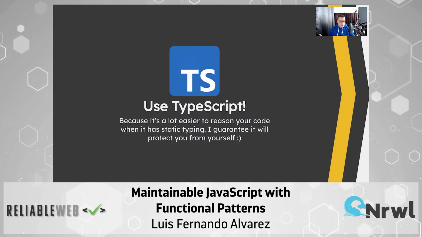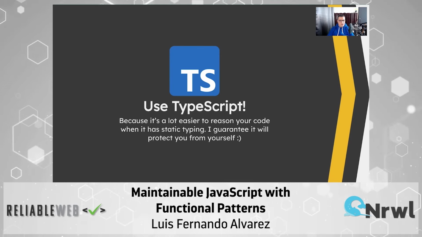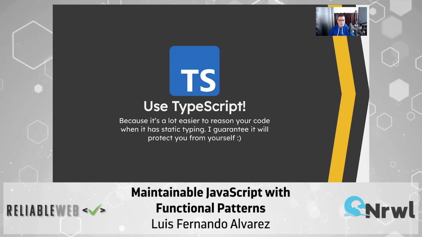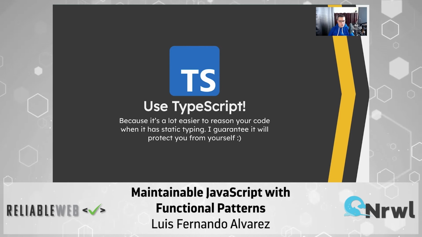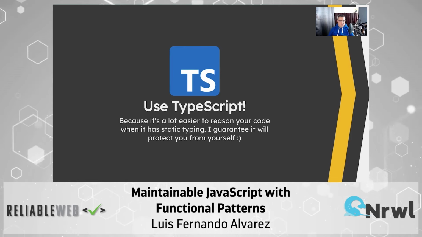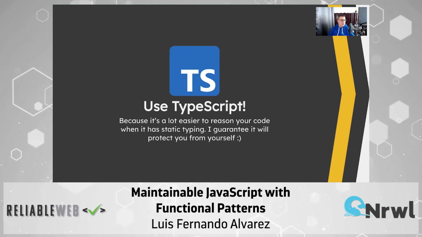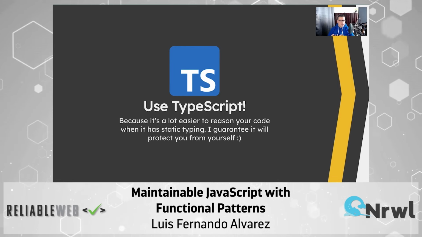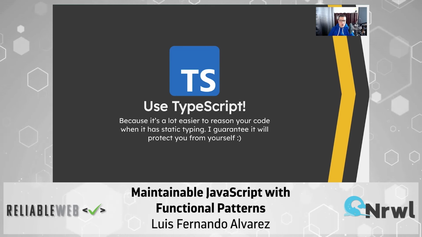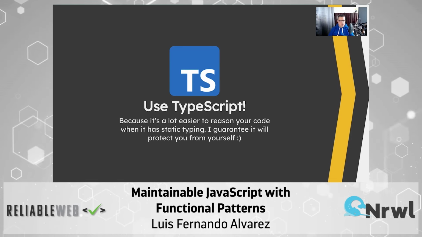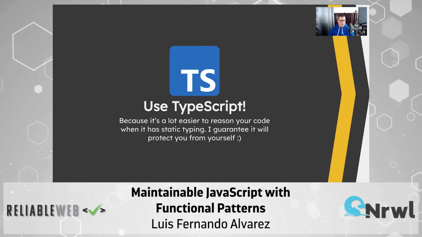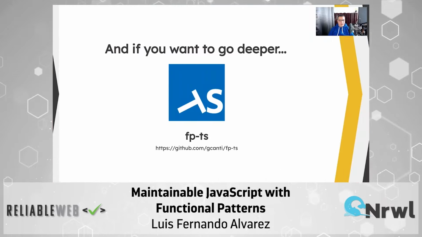A thing that I would recommend to any JavaScript developer is to not stay in JavaScript. Let's use TypeScript. TypeScript helps you reason about your code a lot better with static typing, and it protects you from yourself. You can have the same type safety inside map structures or inside reduces, so you know exactly what you're getting as an input and what you're getting as an output, and you constrain your functions to act the way you want them to act.